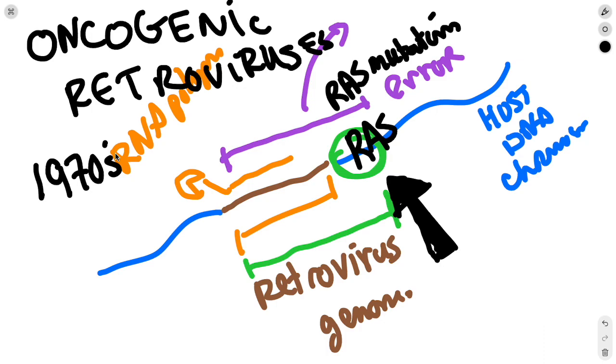So it's possible, just by very rare chance out there in the real world, that one of them makes a mistake and picks up some of the host gene information, and sometimes that's a gene that could cause trouble. And so when that virus goes on to infect another cell, that could cause cancer. And it's because of the host gene that's the cancer. The retrovirus does not cause cancer. The host gene causes cancer.